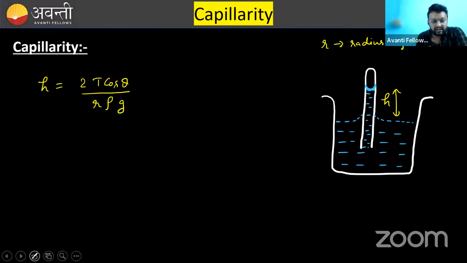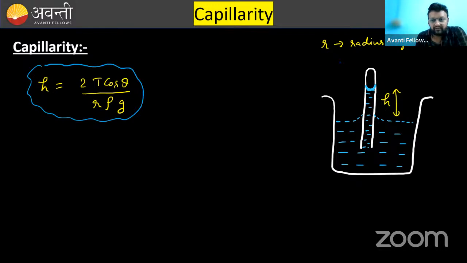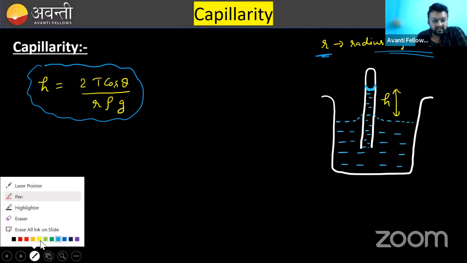I will describe each and every term here. We have defined r already. r is the radius of the tube. Mark my word, this is the radius of the tube. Now, T is the simple one.